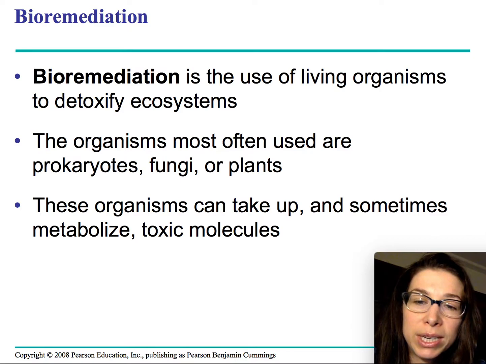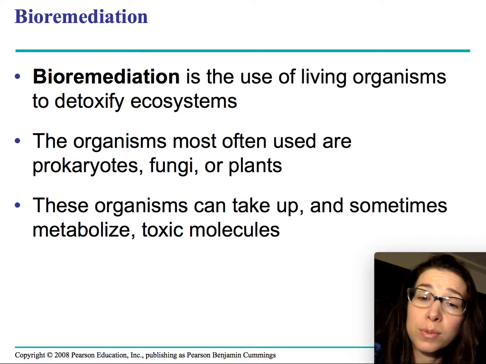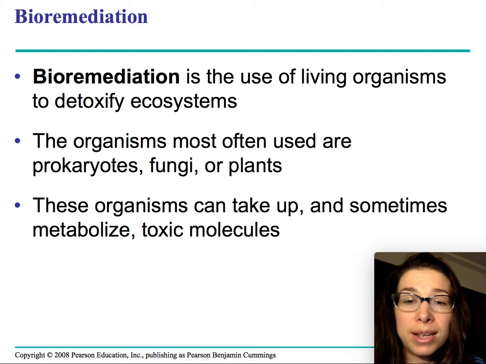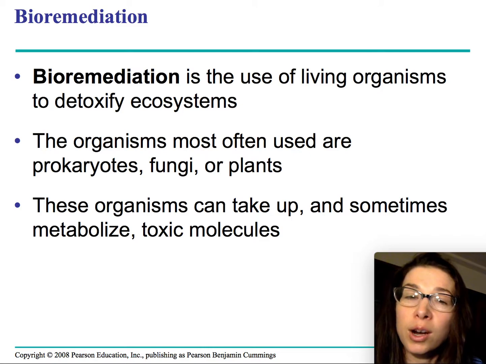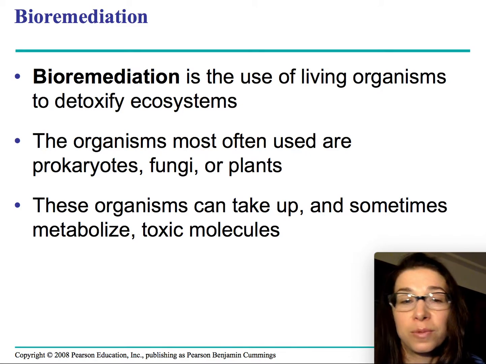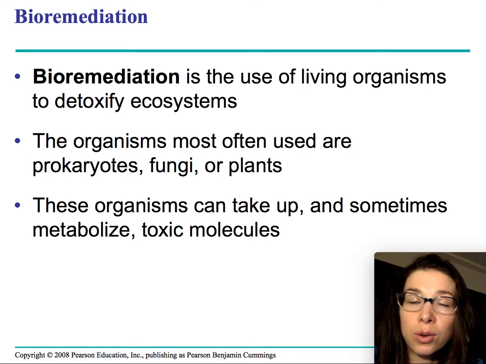Okay, bioremediation. So we have all these toxins in our environment, and we don't want them to be there anymore, but it's not very easy to filter the entire water supply of Flint, for example. So what if you have contamination in the origin of the water supply? What if you have chemicals that are leaching into groundwater because they are present in the soil?